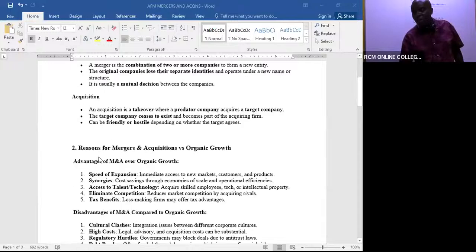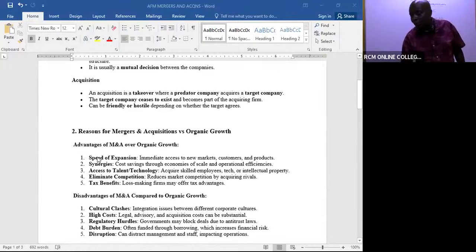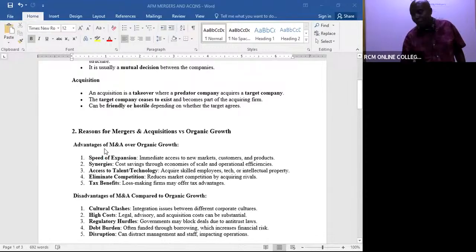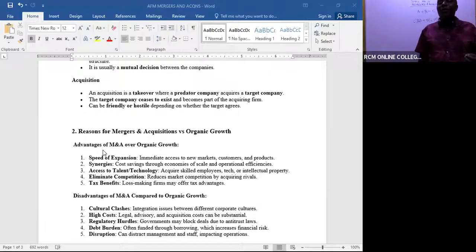Reasons for mergers and acquisitions versus organic growth. Advantages of mergers and acquisitions. If, for example, ladies and gentlemen, RCM was able to acquire a college in Tanzania, we shall be able to get ourselves into a new market very fast. So the expansion becomes quite quick.